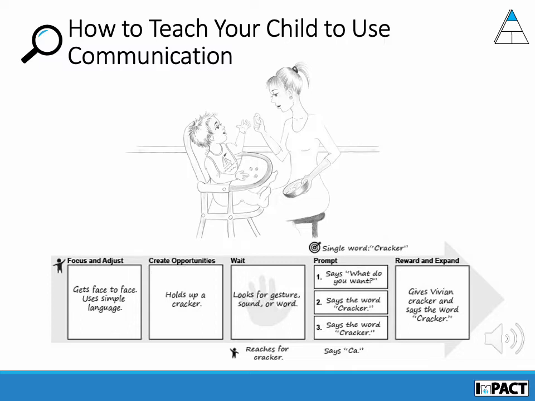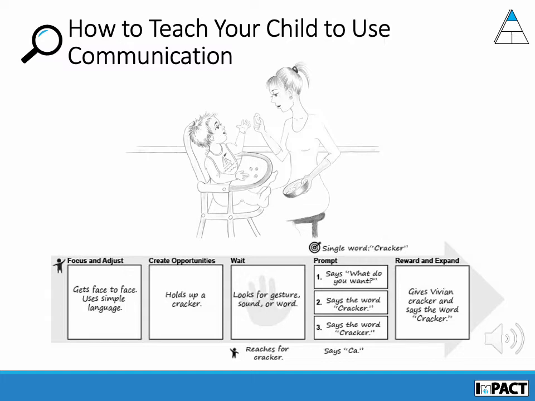This time, Vivian responds with the syllable ka. Her mother rewards this communication by giving Vivian the cracker and expands by saying cracker. Notice how Vivian's mom uses 3 prompts to help Vivian say cracker and does not reward her with the cracker until Vivian makes a good attempt by saying ka.